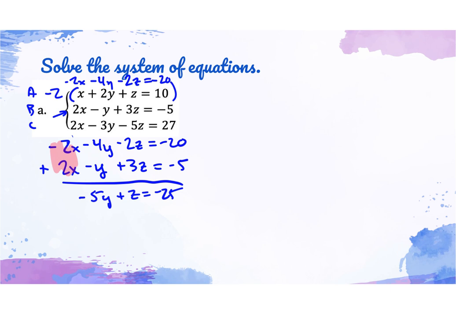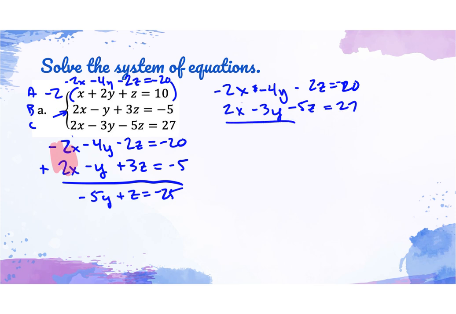But now I'm going to take A and C. So I'm going to take the negative 2x, minus 4y, minus 2z equals negative 20, and then the bottom one, which is 2x minus 3y minus 5z equaling 27.